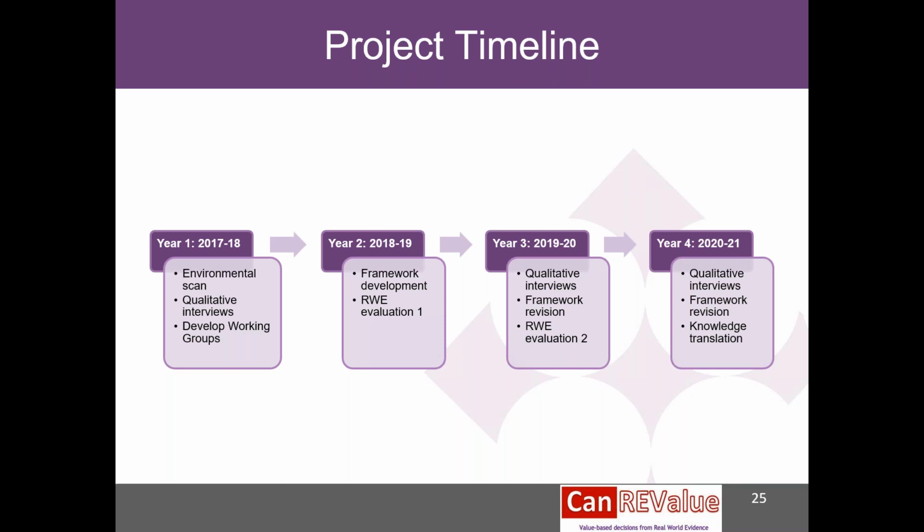So the goal is not as much what exactly the drug is doing in the real world, even though we will learn a lot about the drug from a clinical standpoint and patient standpoint, but also importantly, if we conduct a multi-province analysis by applying the draft framework that we come up with from the working groups, then we can learn about the strengths and limitations of the draft framework, and so we can revise the framework further. And with the revised framework, then we can conduct another multi-province real-world analysis.